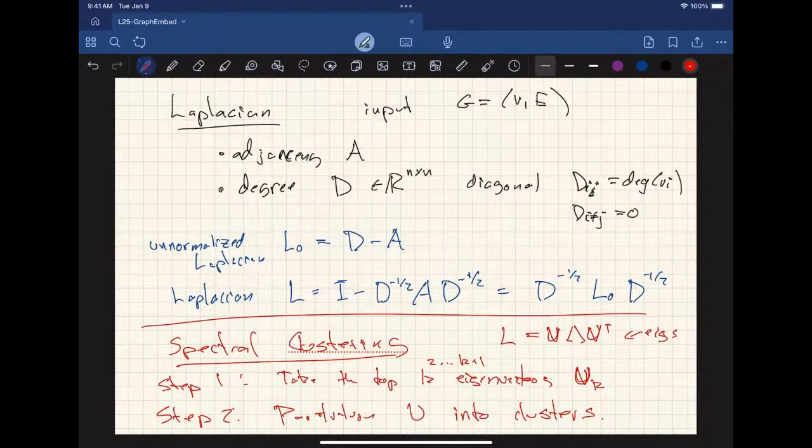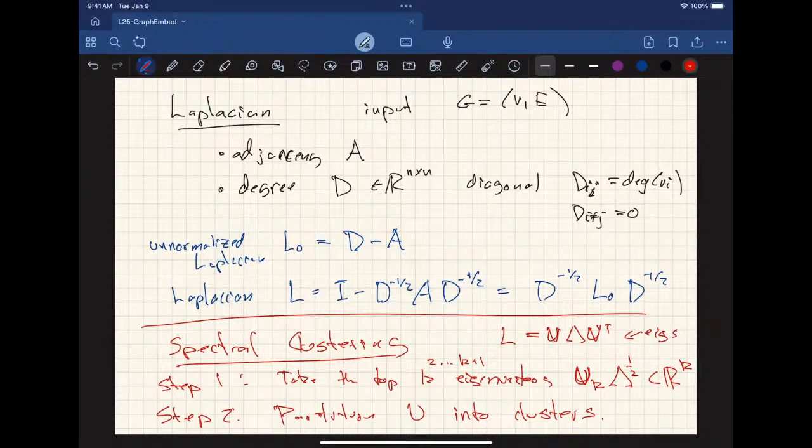But another common way of doing it is to project it down to k-dimensional space. Again, maybe this is lambda to the 1/2, and this will be a subset of Rk, into a k-dimensional space. And then here we would run a k-means clustering algorithm.